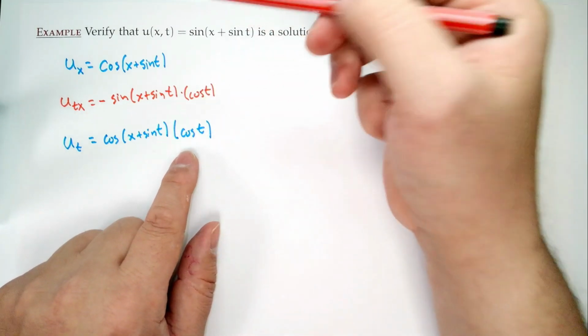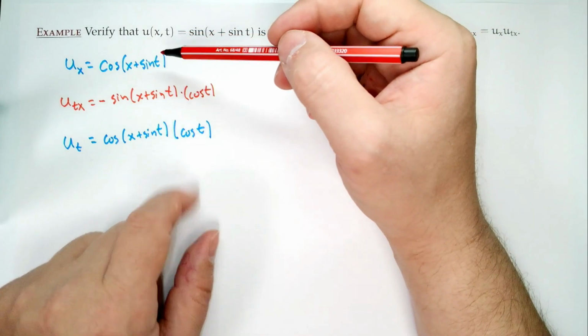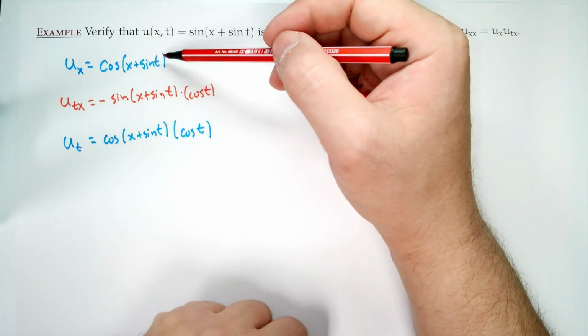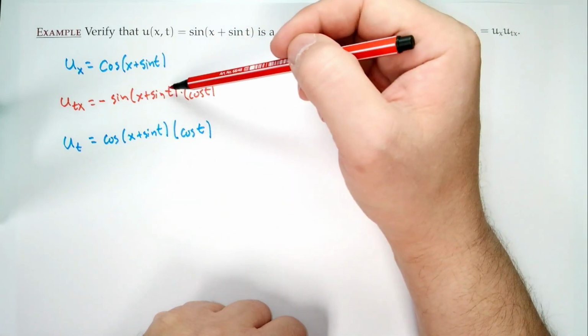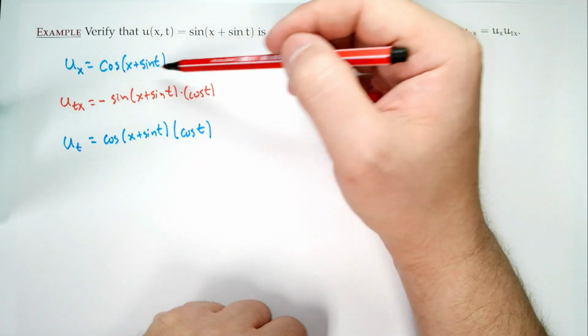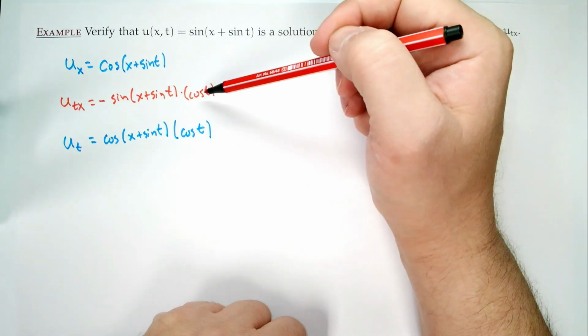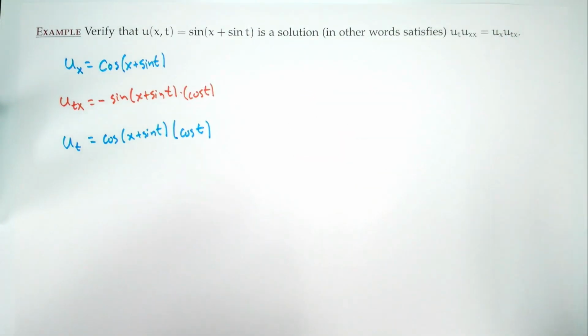All right, and you can check. So what if I had come here and taken u sub x, and taken the derivative with respect to t? Well, we would have got negative sine of x plus sine t. And then we have to multiply by the derivative of x plus sine t, which is cosine t. So u sub tx, u sub xt, they're the same.